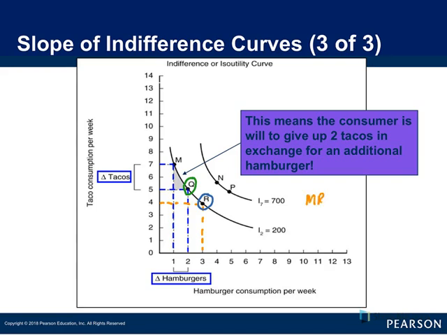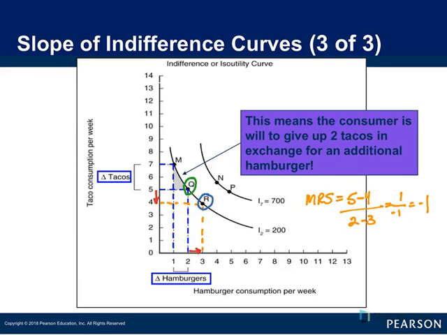The marginal rate of substitution is equal to 5 minus 4 divided by 2 minus 3, which would be 1 divided by a minus 1, which tells us at this juncture we would be willing to give up 1 taco to receive 1 more hamburger. The marginal rate of substitution is how we calculate that.